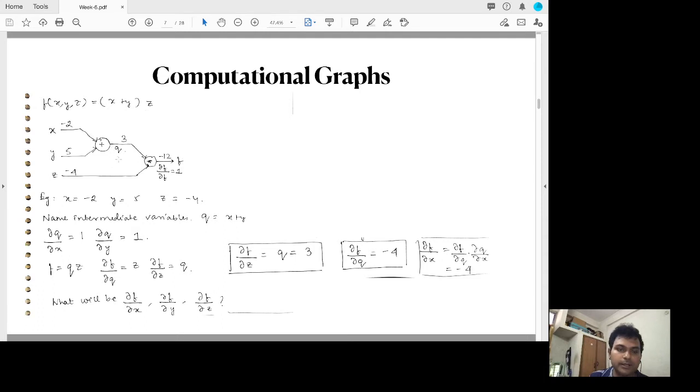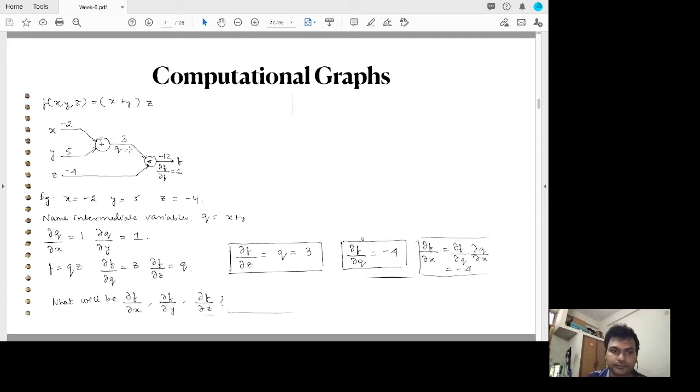So that will give you an idea that if q changes this much, f will change that much. And once you get the change in q, you find out how much q changes if I change x, and therefore indirectly it will start affecting f. Did you understand what I just said?